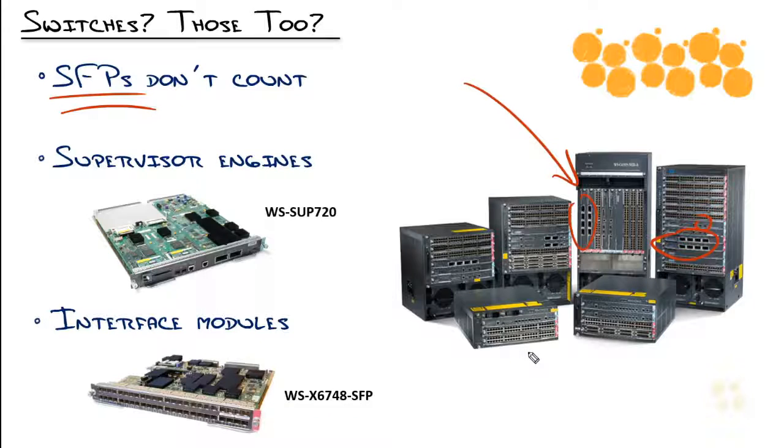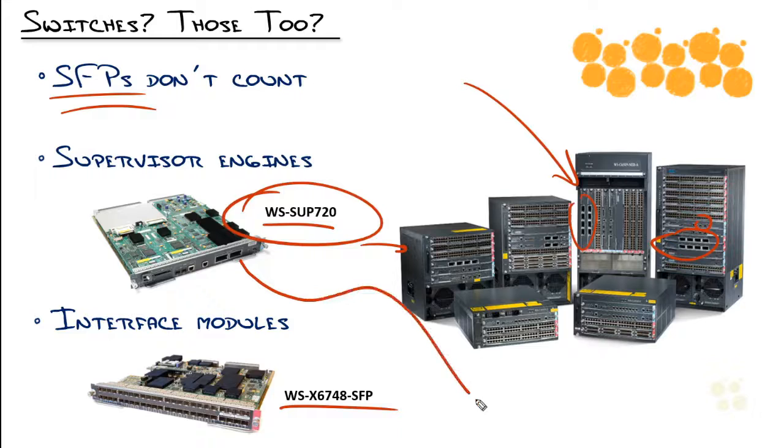Let's talk about the blades. The blades are typically one of two things, and I'm not going to limit it, it can be more, but it's usually either supervisor engines or interface modules. The supervisor engines, for example, this is the Sup 720 that goes right into one of the 6500 switches, provide the brain, the intelligence of the switch, and provide the level of performance that you're going to get out of the switch.